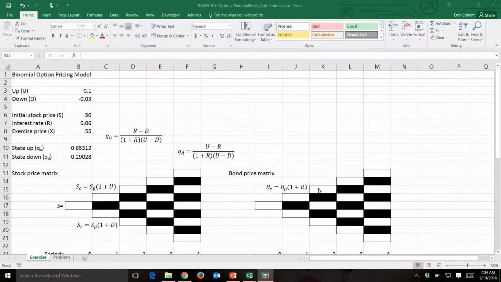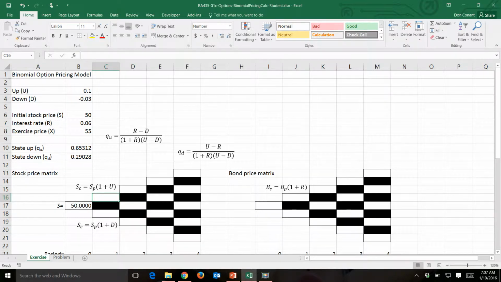It's fairly straightforward. Let's do the stock price matrix first. We'll set our initial stock price equals our initial stock price there, so we can change our model if need be. Then we have a formula for the upstate.